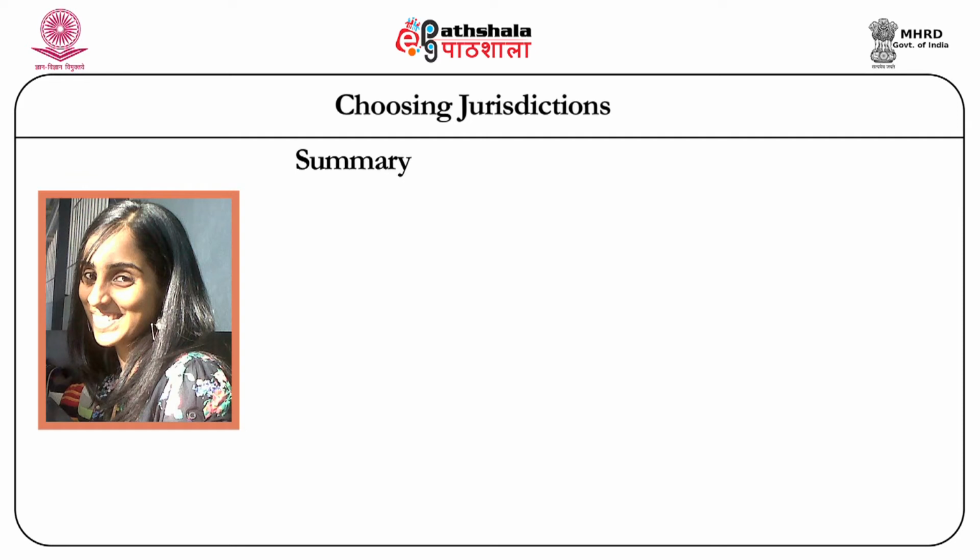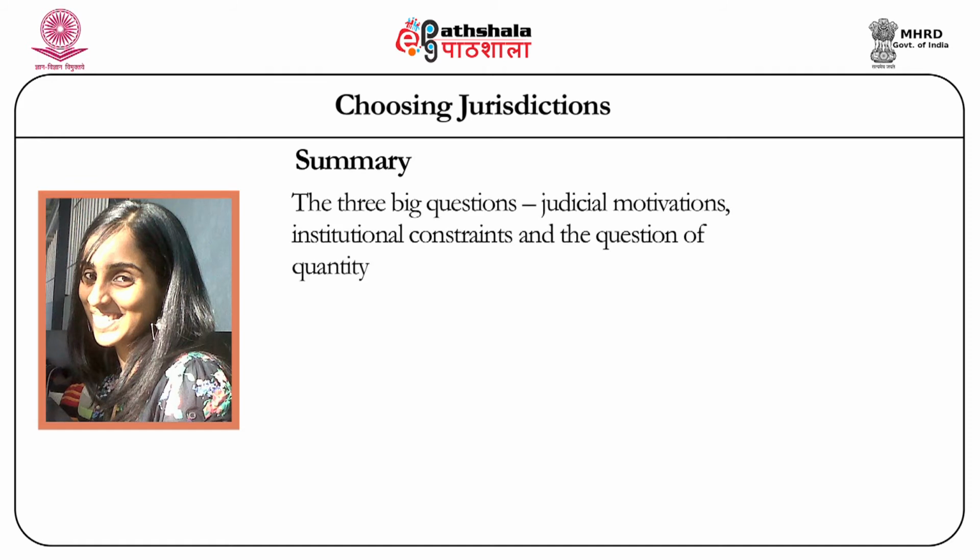Now, how did we go about looking at these issues? To understand the theory and practice of choosing jurisdictions, we looked at the major questions in choosing jurisdictions from three different perspectives. One is the question of judicial motivation. How does the judge proceed to pick jurisdictions once a constitutional issue has been framed in the case that he or she has at hand.